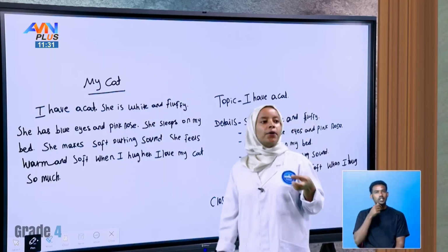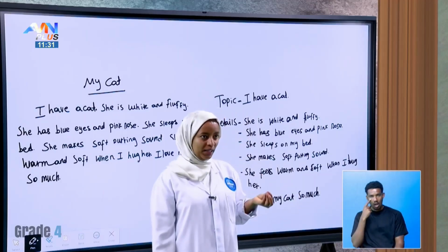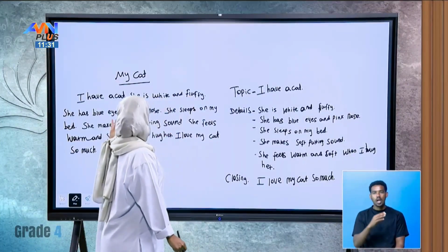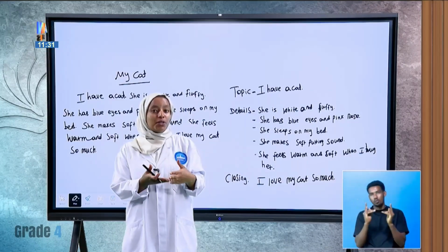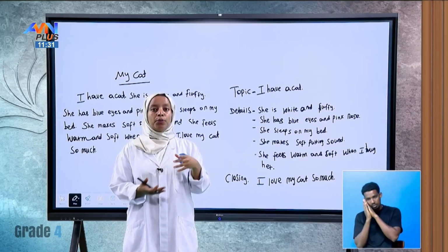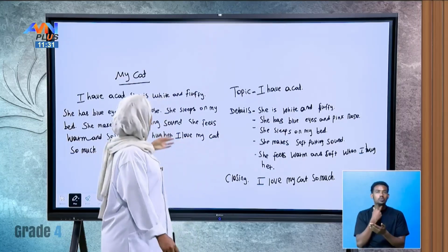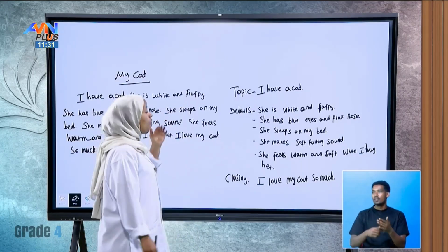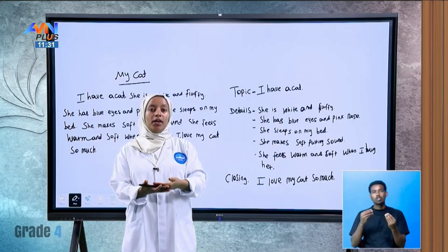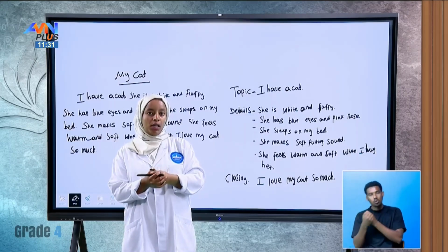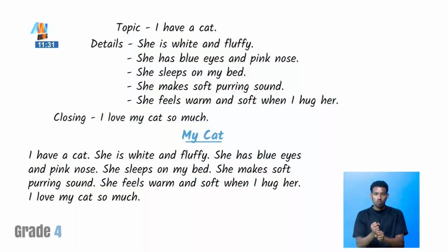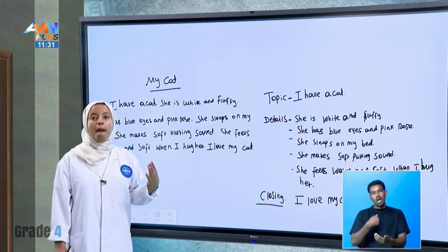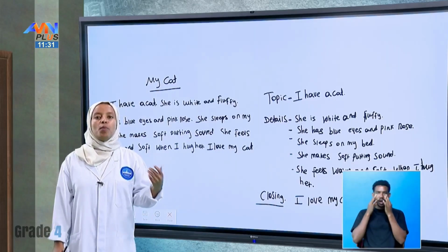She has blue eyes and pink nose. And here, students, she sleeps on where? My bed. And when she sleeps, she makes a purring sound. And also she feels warm and soft when I hug her. And when we come to the conclusion or the closing part, we are using easily I love my cat so much.